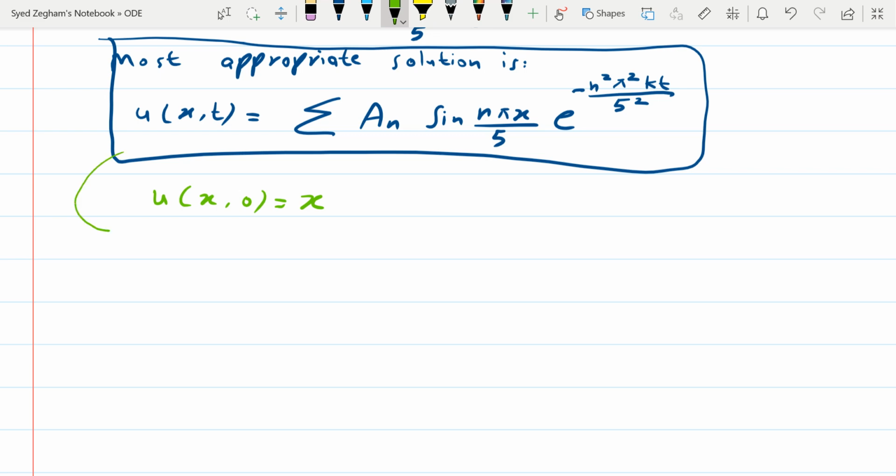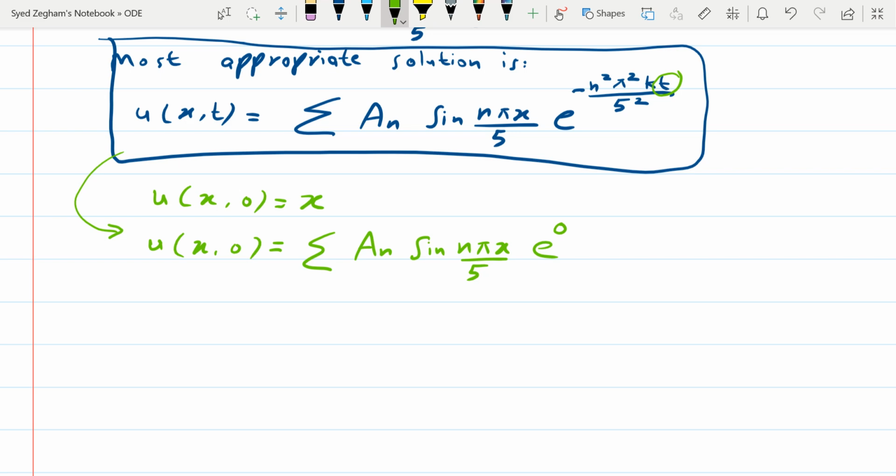Now, what will happen if I substitute t equal to 0 in this series? We will get u(x,0) is equal to summation an sine n pi x divided by 5 e to the power, when you put t equal to 0, this will become e to the power 0, which is equal to 1.